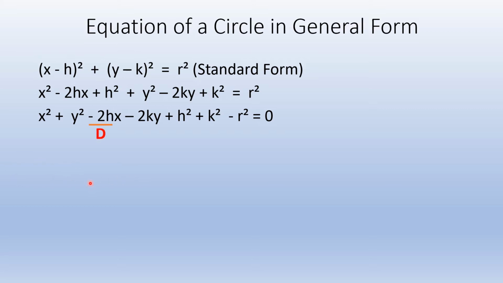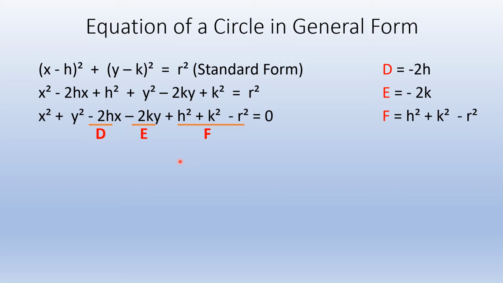So, that means, let D equal negative 2h and let E equal negative 2k, and h squared plus k squared minus r squared equals F. Ulitin natin. Yung D equal siya sa negative 2h, yung E na coefficient ng y ay equal sa negative 2k at yung F equal sa h squared plus k squared minus r squared.